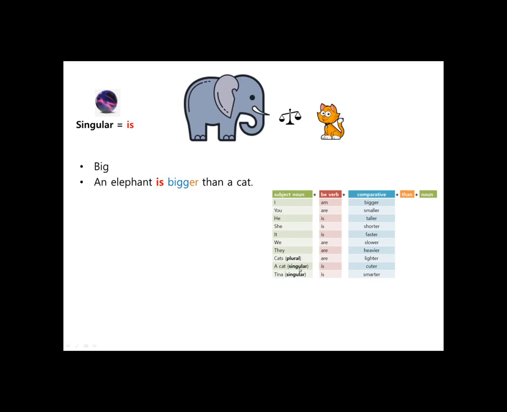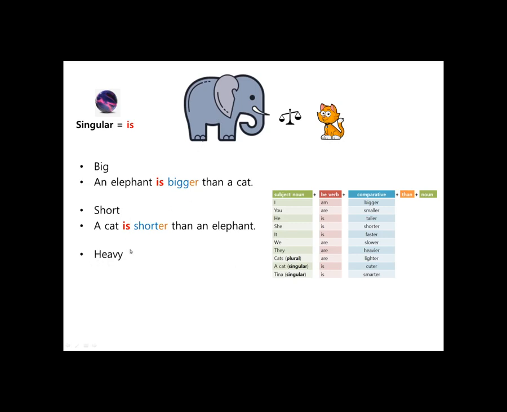An elephant, singular, is bigger than a cat. Short. A cat is shorter than an elephant. So remember, it's a cat, singular, just one, is. A cat is shorter than an elephant.